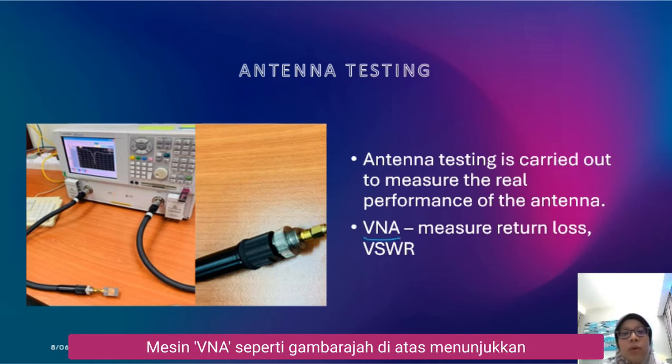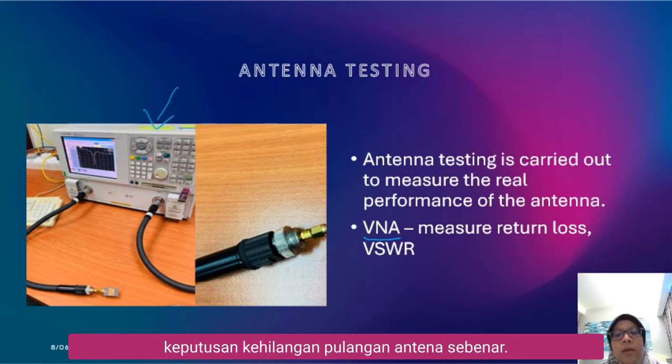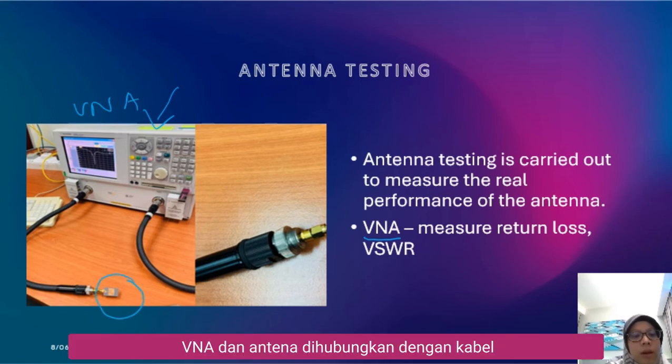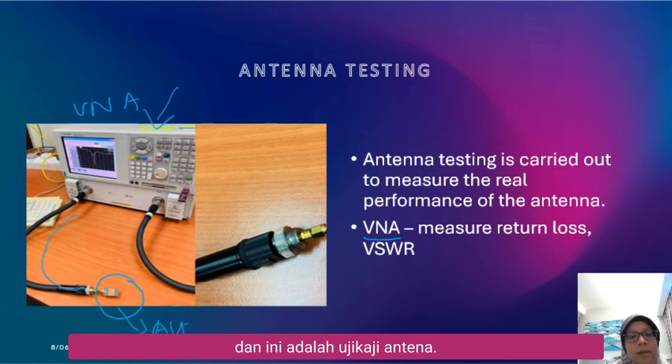So the Vector Network Analyzer machine, which is shown here in the figure, shows the S parameter or return loss of this antenna. So as you can see in this figure, this is the VNA. The VNA is going to measure this antenna. It connects to the antenna using this cable, and this is the antenna under test.